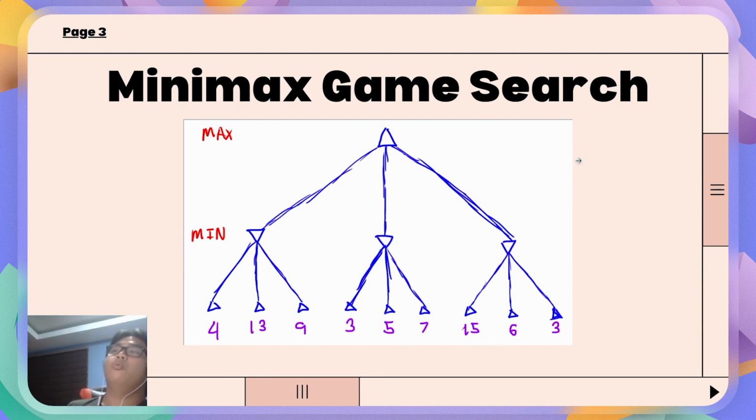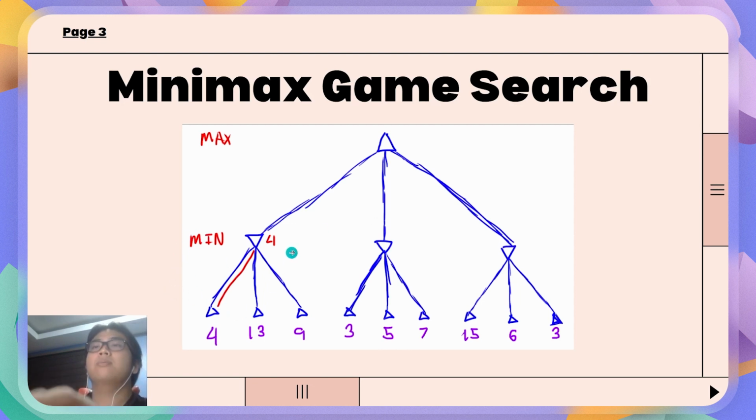Now, we assume that they are going to choose what is best for them. The player on the second layer is trying to minimize the cost. That means they are always going to pick the route that gives them the least possible cost.